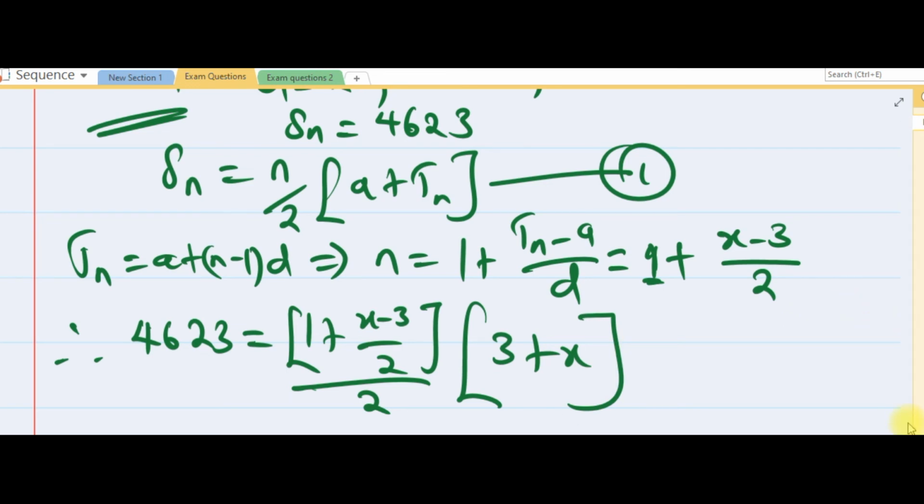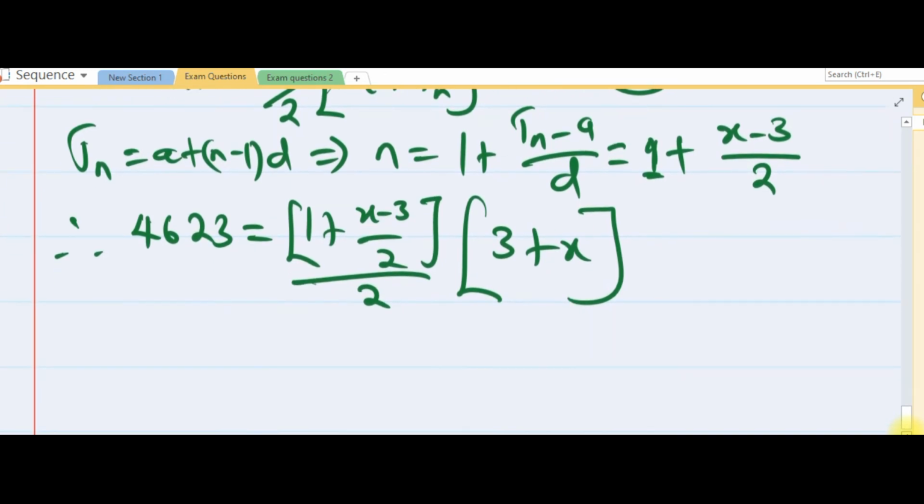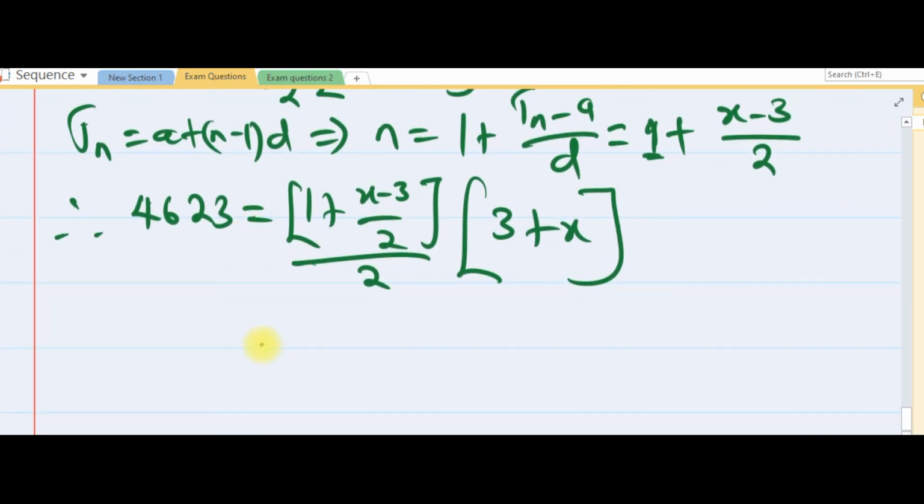We have an equation and the unknown is x. So let's find it. Here we'll cross multiply, because 2 goes here: 2 times 4,623 should be 9,246.